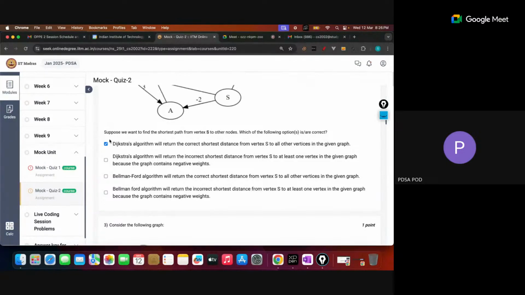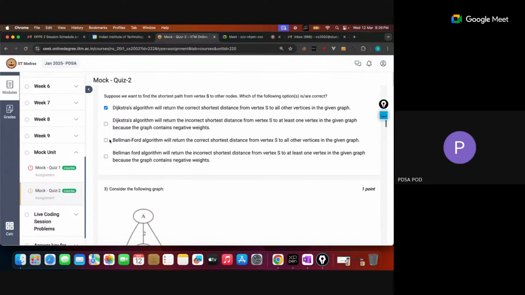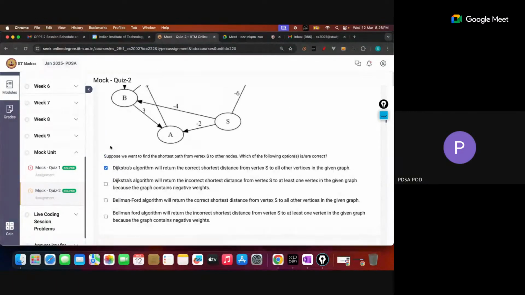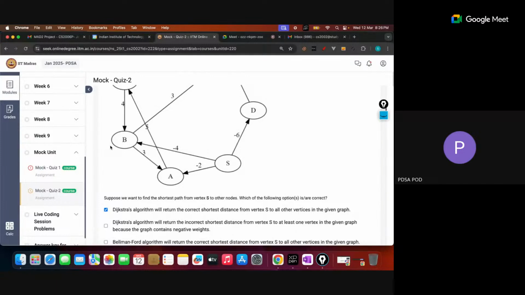But considering this particular graph, Dijkstra's will work.